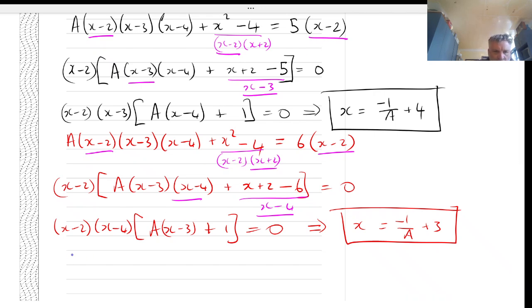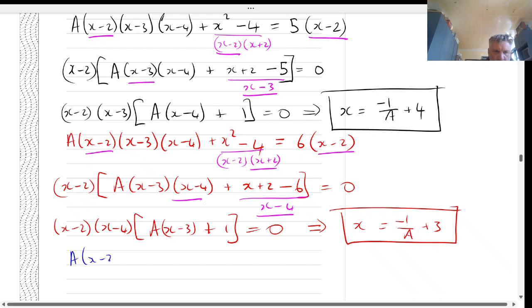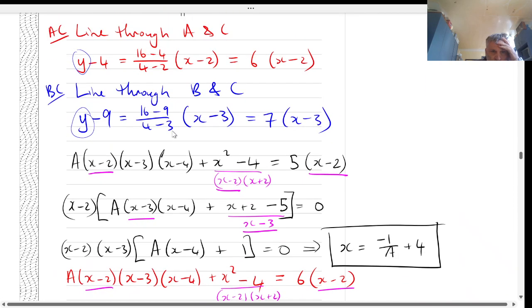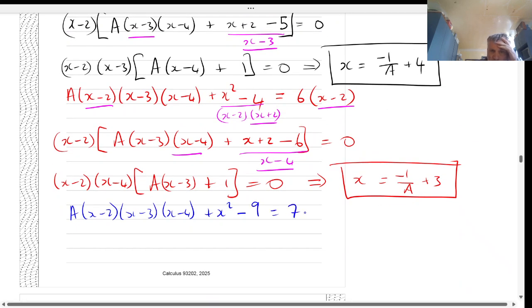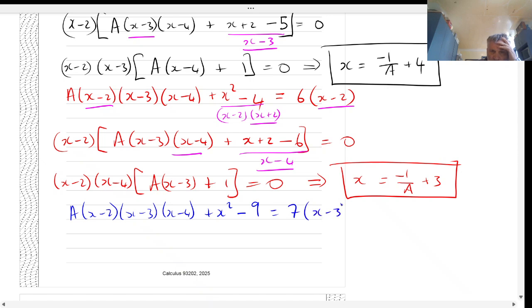And finally, a(x − 2)(x − 3)(x − 4) plus x squared, that's the y value for the point on the cubic. Take away 9, equals 7 times (x − 3).